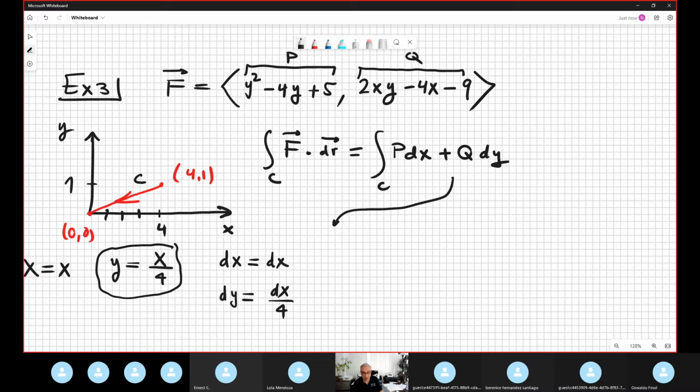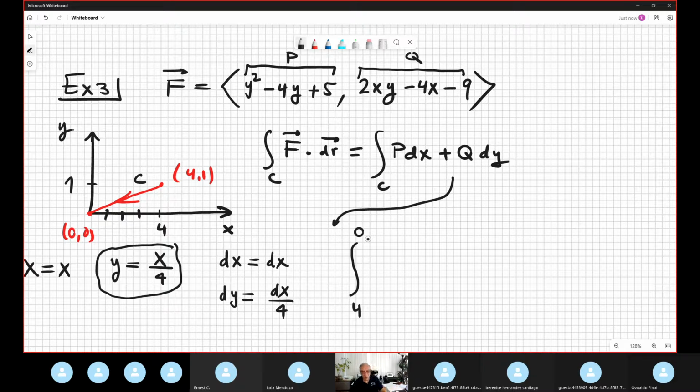Thus I go to this integral. I want to copy now using the parameterization, which is x, and x goes from 4 to 0, in the opposite direction according to this. Don't be scared of this. You copy that. You see what is the starting point and what is the end point.